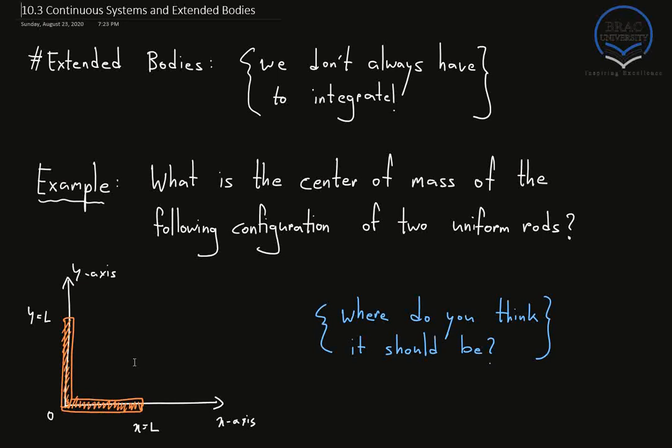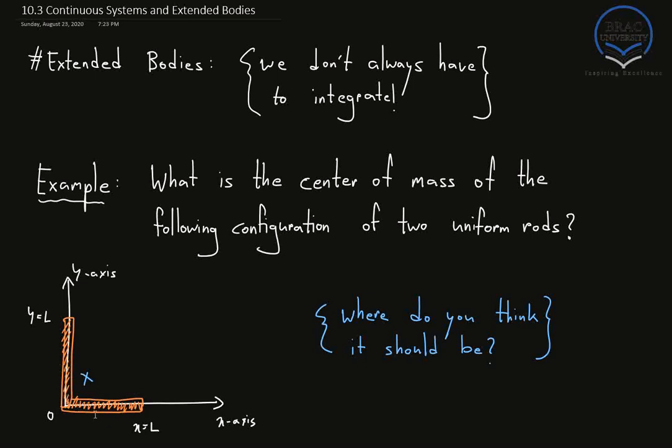From our experience so far, we understand that the center of mass is nearer to wherever there is more mass, right? So we see that for this object, masses are more concentrated here. So we kind of expect that the center of mass of this system might be somewhere here, right? It would be nearer to wherever the mass is more concentrated.